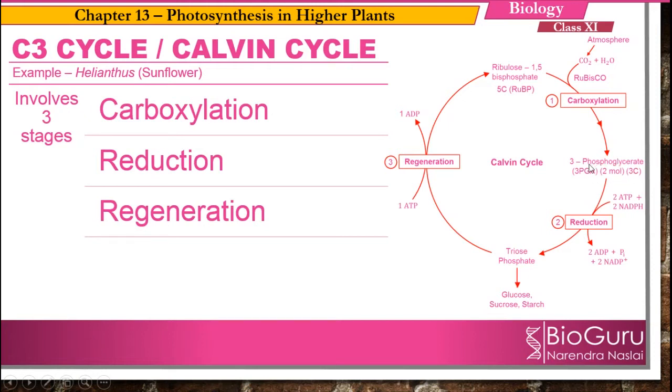Here 2 molecules are generated, so here 2 ATPs are required, during reduction. Along with that, 2 NADPH. Now, where are these ATP and NADPH coming from? They are coming from light reaction. So in this step, the products of light reaction are utilized.